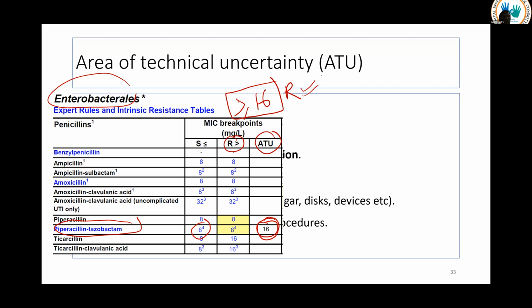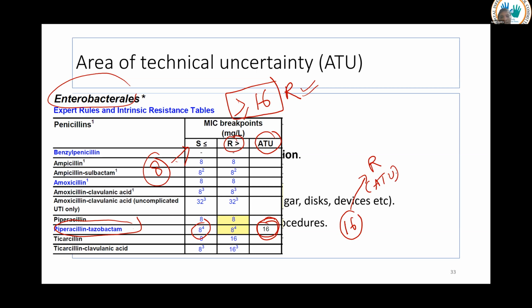So if you follow EUCAST, if you get an MIC of 8 for pip-taz E. coli, you can reliably say it is sensitive. If you get an MIC of 16, you cannot reliably say it is resistant, because it also overlaps with your ATU.